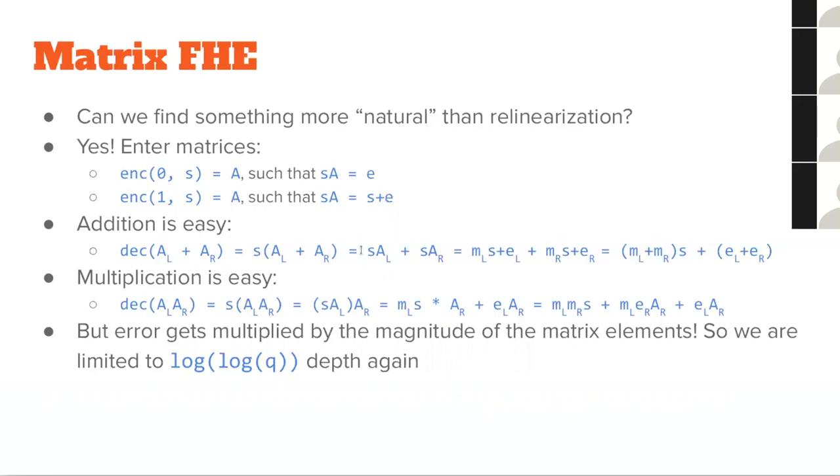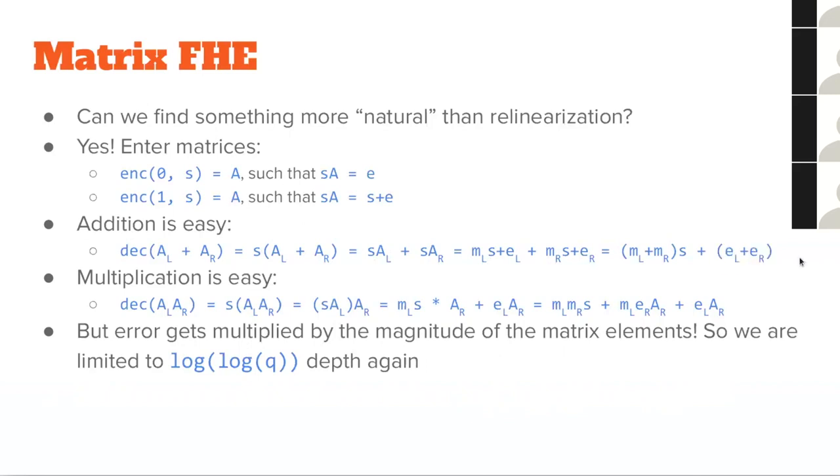So decrypt of AL plus AR becomes decrypt of AL plus decrypt of AR, which is going to be your left message times S plus your left error plus your right message times S plus your right error. And so you have the sum of your messages times S plus the sum of the errors, right?